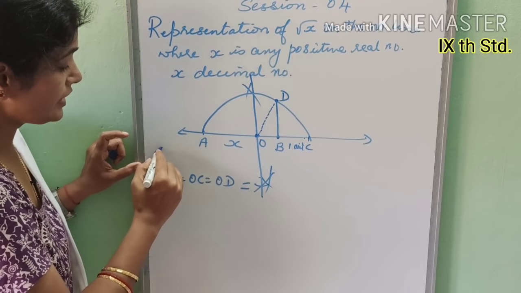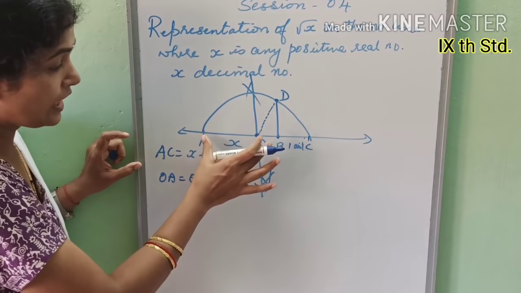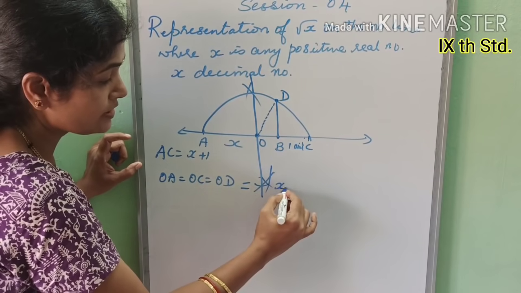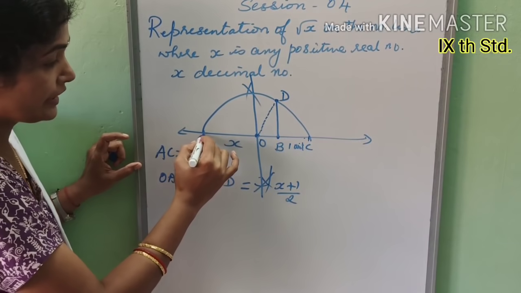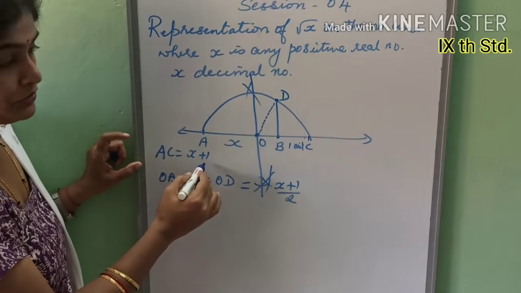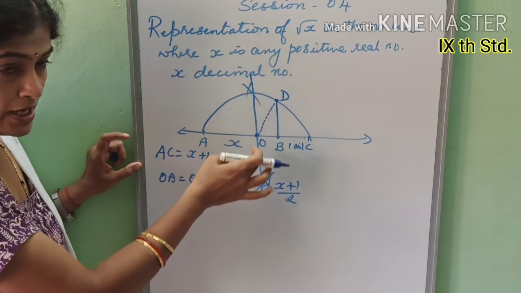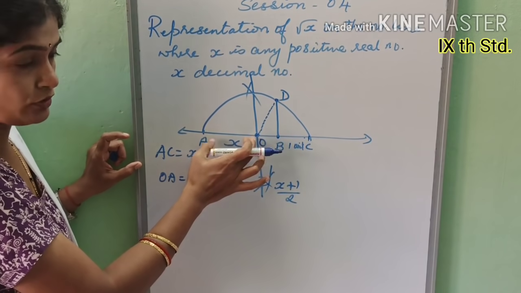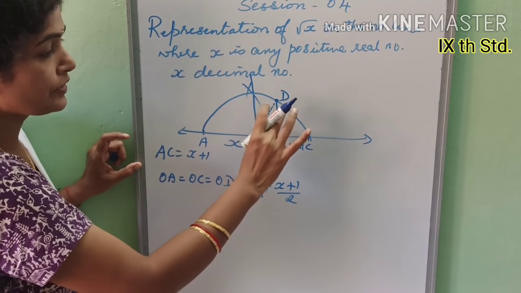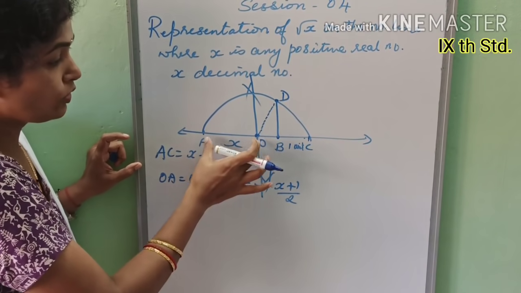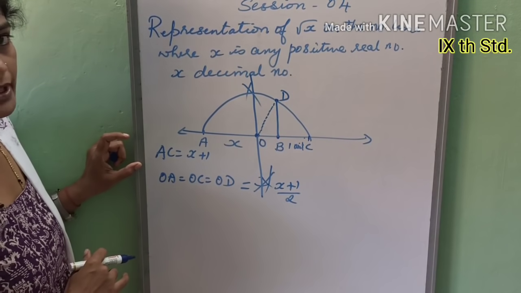AC is x plus 1 unit. Correct? So half of that is the radius. So it is (x plus 1) by 2. Did you follow? AC is x plus 1 units. Then we have marked the midpoint as O for this AC. Therefore, OA, OC and OD all are equal. OA, OC and OD will be equal to (x plus 1) by 2.